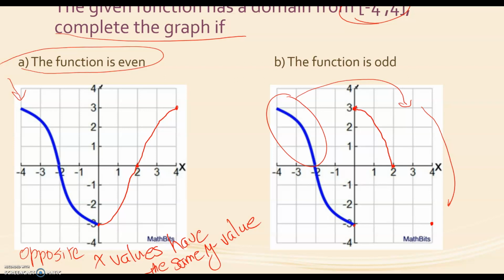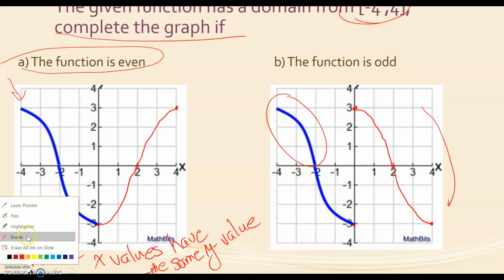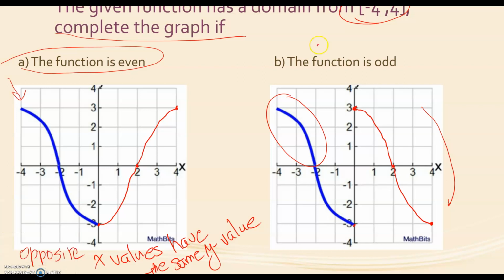What would that look like? Okay. Now, what do we notice about the values when I do a reflection across the x-axis and then a reflection across the y-axis? I start noticing that the opposite x values have opposite y values.